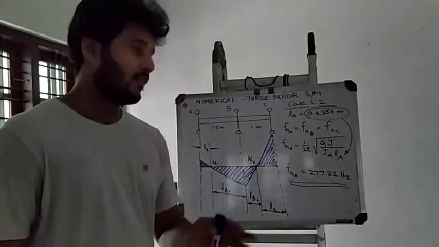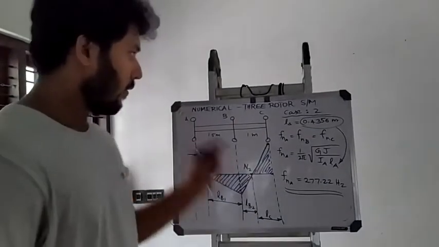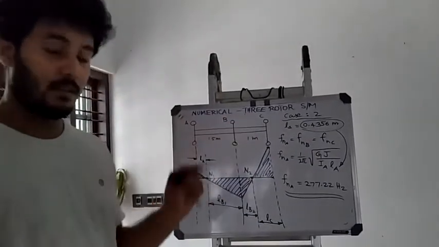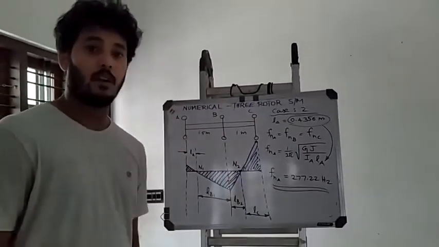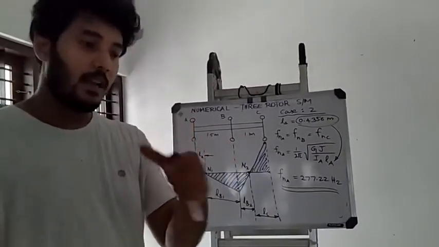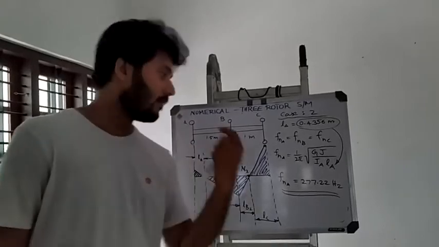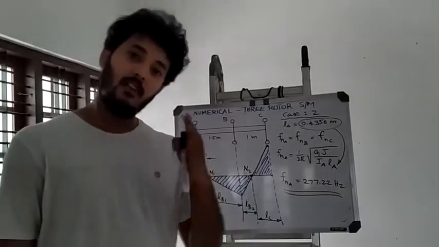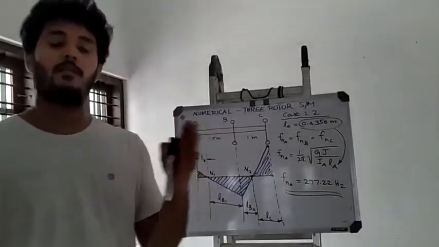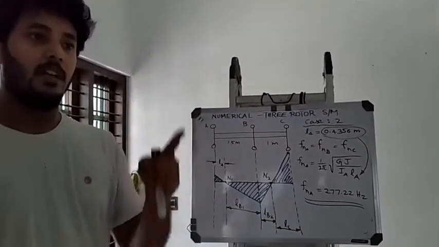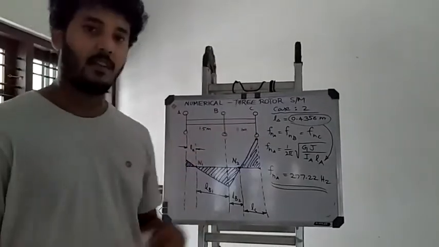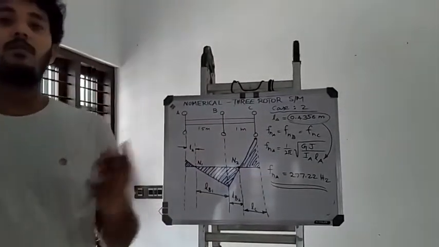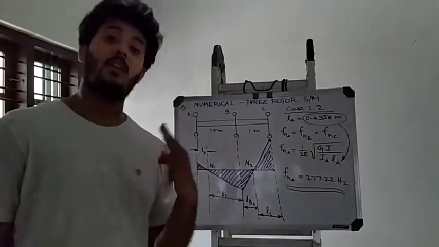Make yourselves thorough with the steps that I have gone through. In this question, the shaft was of uniform diameter, 70 mm. As we have discussed in the two-rotor case, if the shaft has varying diameters, that means a 3-section or 2-section shaft, the first stage is to find out the torsionally equivalent shaft.